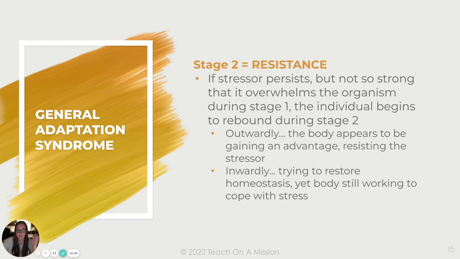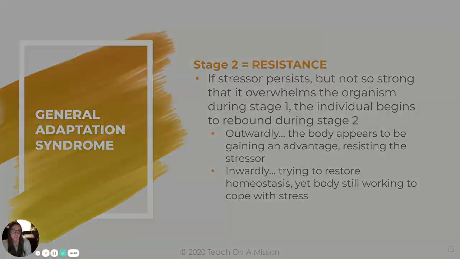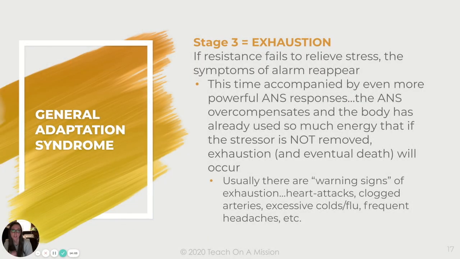Inwardly, the body is trying to restore homeostasis, yet the body is still working to cope with the stress. So if you're alarmed in stage 1, and then you get to stage 2, and the stressor is still there, but it's not overwhelming you, then you're going to start to get back to normal in stage 2. However, if you don't, that's going to lead you to stage 3, which is exhaustion.